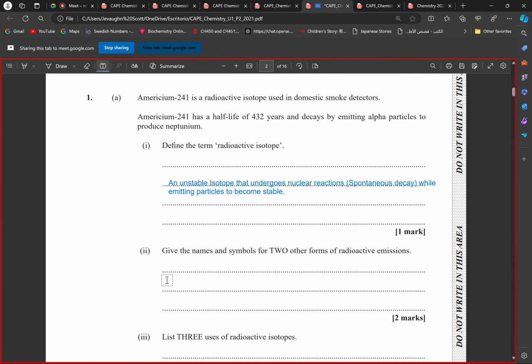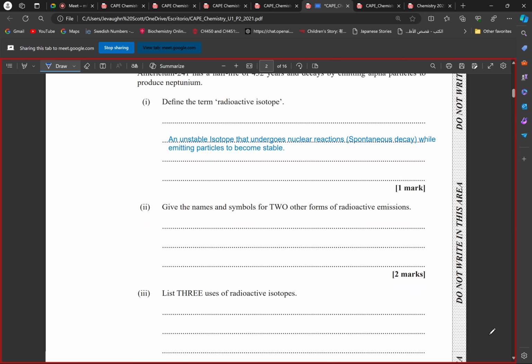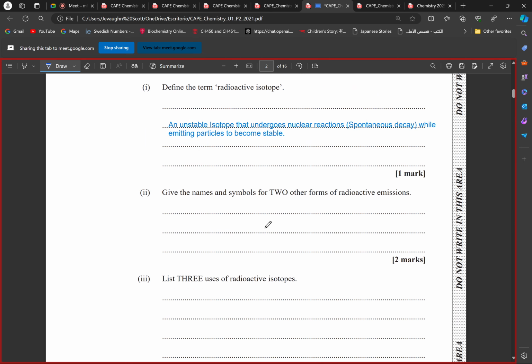So give two names and symbols for other radioactive emissions. So the names and symbols for two other forms. We have alpha decay. So what are the other two forms that we look at? Beta and gamma. All right, so we have beta.